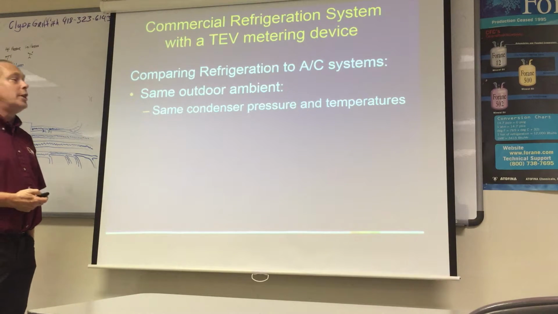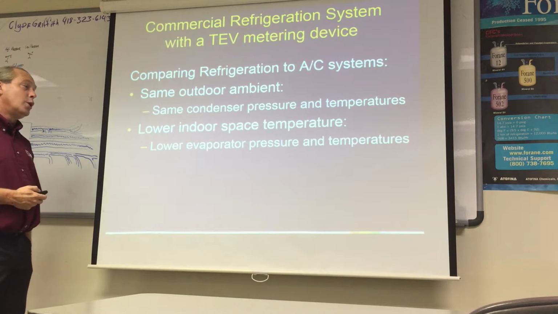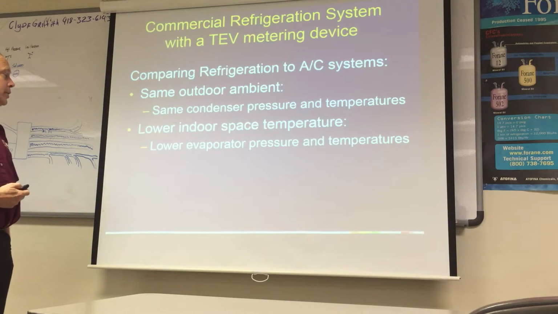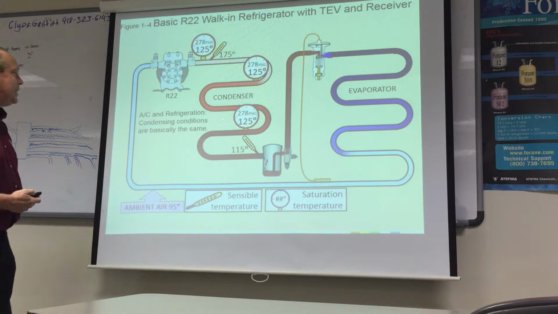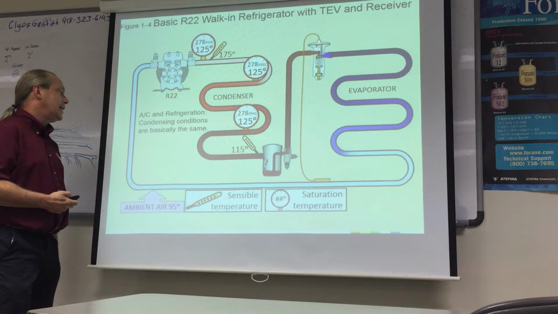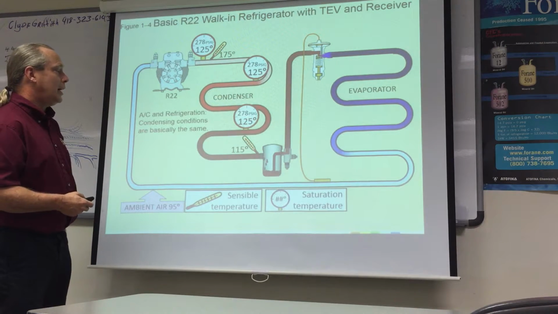Same condenser pressure and temperatures. Lower indoor space temperature, lower evaporator pressure and temperatures. Here we go again. AC and refrigeration condensing conditions are basically the same. And I must say amen to that.